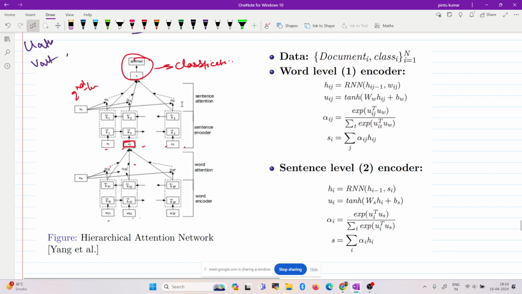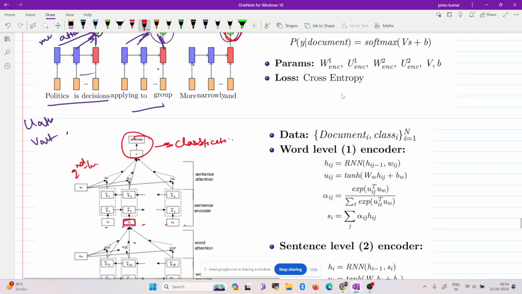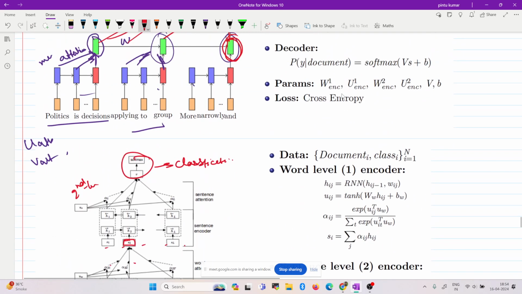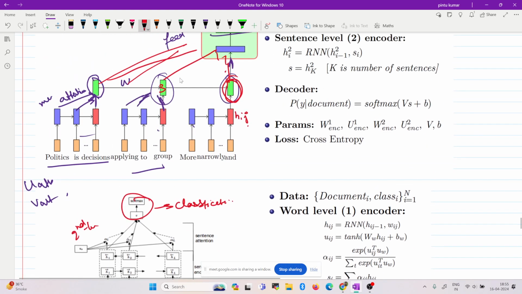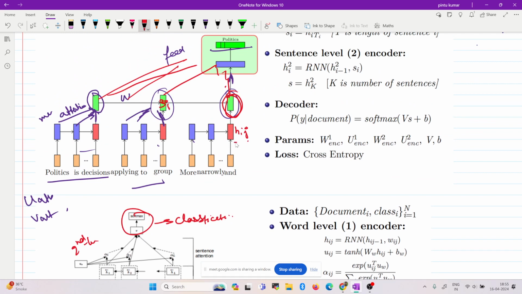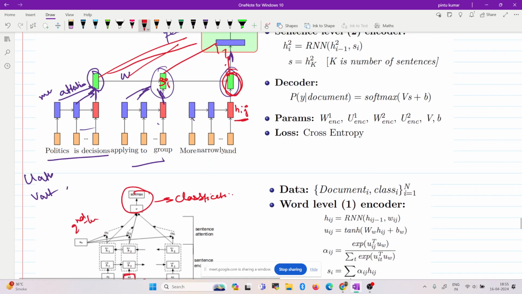So let's say this thing is represented by hij, right? Yes, this is hij, and these are your SIs. The lower level are your HIs, and these are your SIs. So what is the input to your first RNN? The first RNN takes your words, right? For every step, this is your previous state plus the current word.